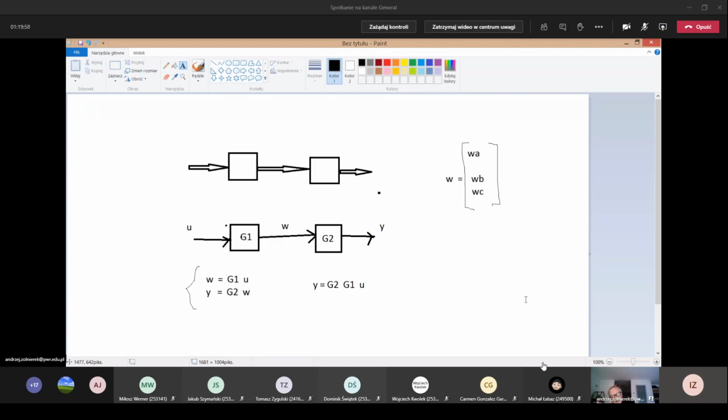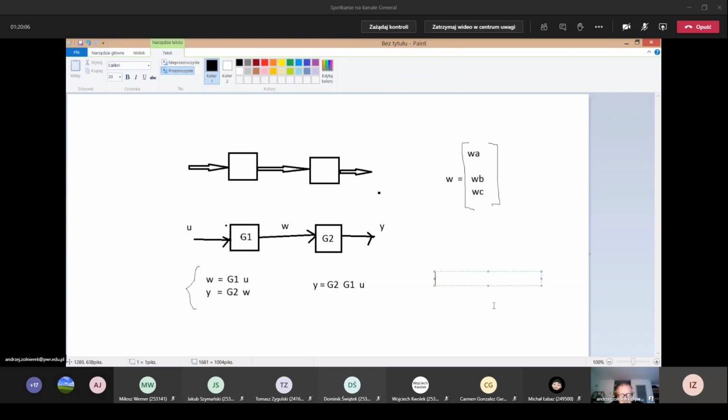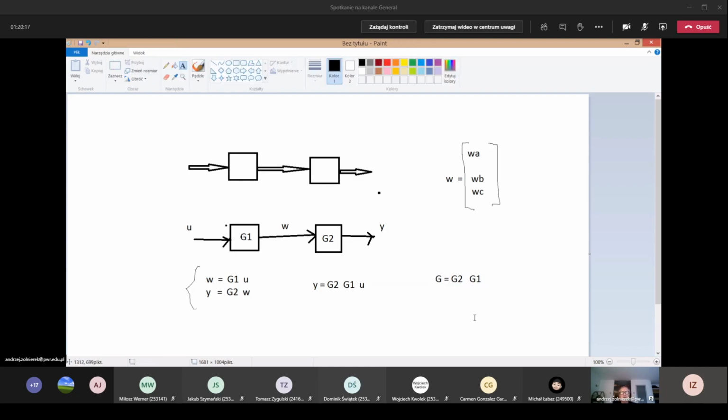So when the matrix is coming from left to the right side, multiplying is in the opposite direction. So final description is in the form of certain matrix, which parameters can be calculated according to this formula.